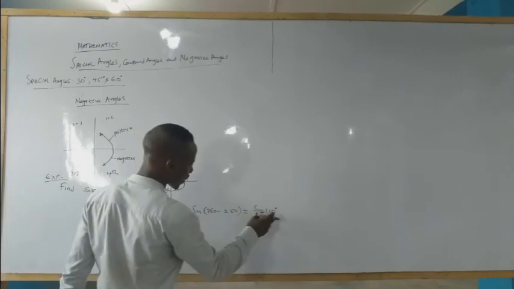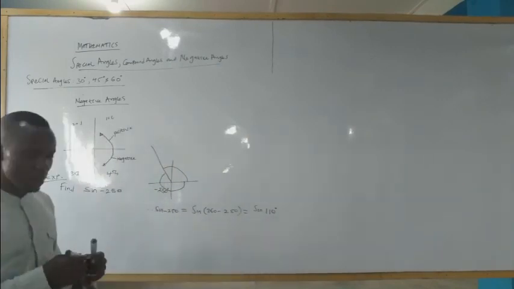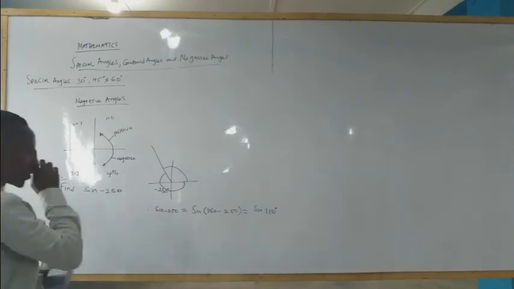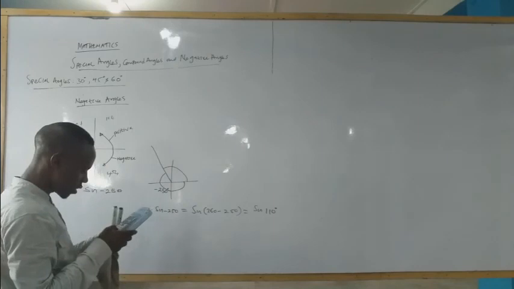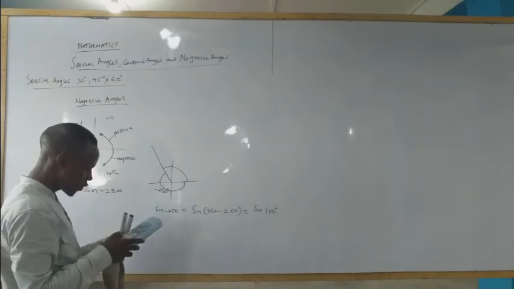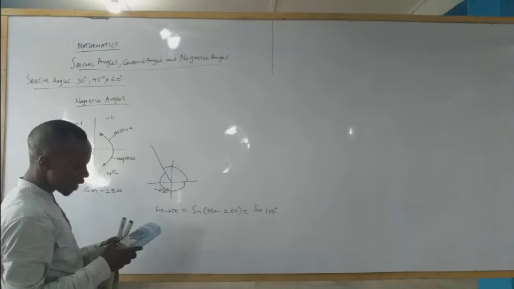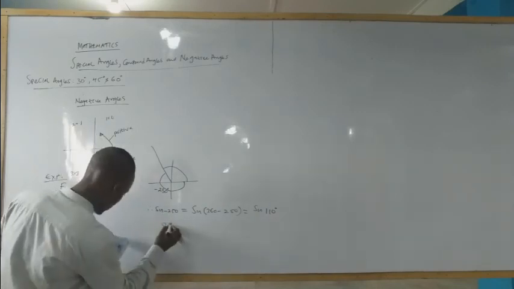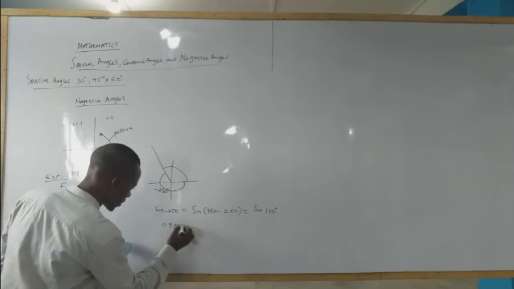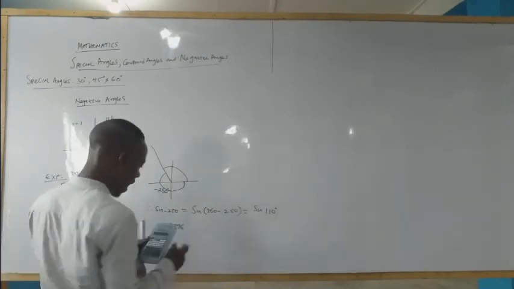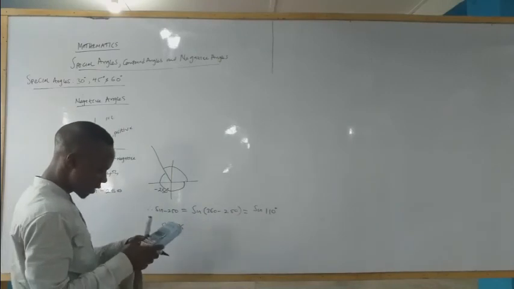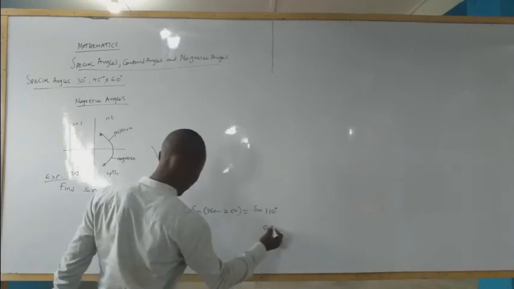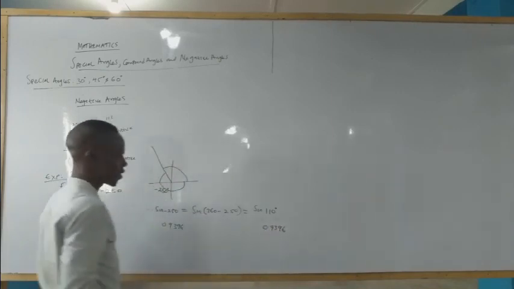Whatever you get here will be the same thing as sine minus 250. So if you use your calculator, sine minus 250 is equal to 0.9396. Then sine 110 is equal to the same value, 0.9396.